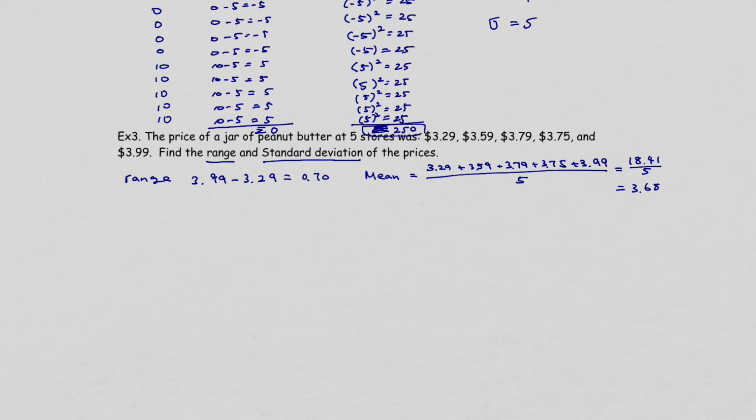So what do we do in order to find the standard deviation? I need to have all the data written first. It will be 3.29, 3.59, 3.79, 3.75, and then you have 3.99, right?